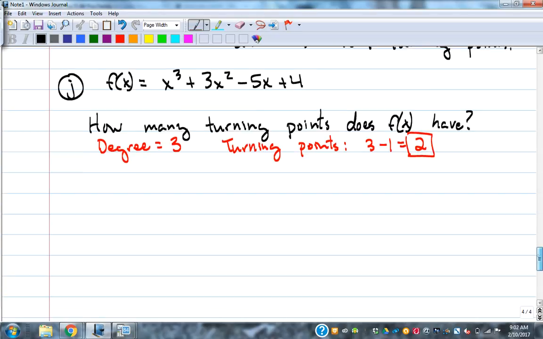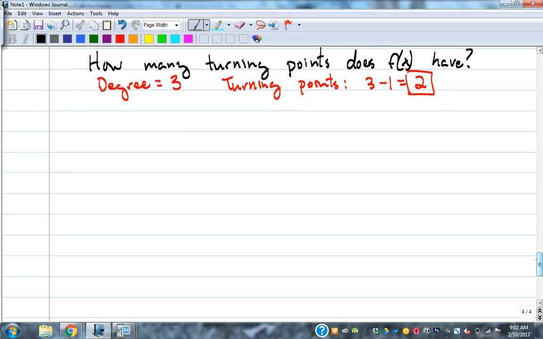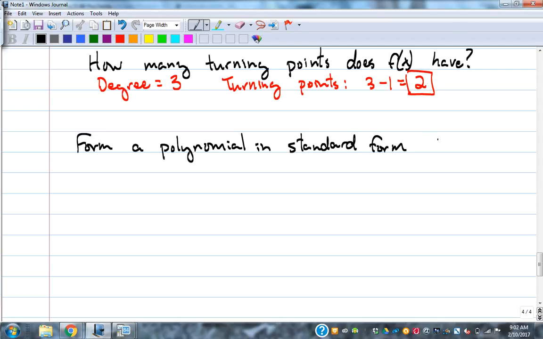All right. So the last thing is doing some algebra. And we're actually going to form some polynomials. Form a polynomial in standard form with zeros 1, -2, and 3 with a degree of 3.